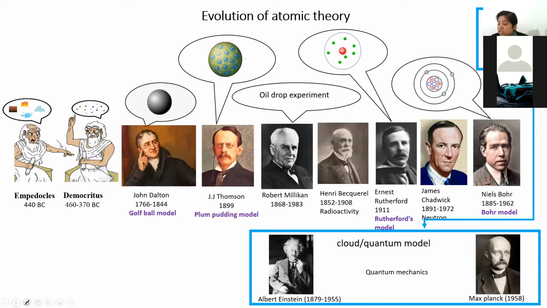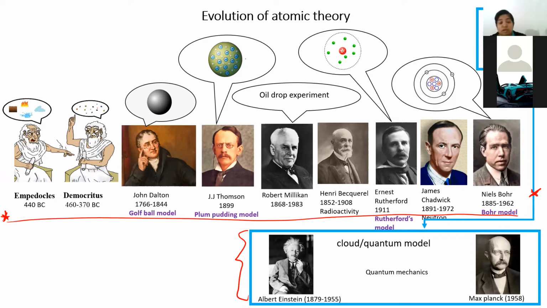In today's lesson, I expect to go all the way from this point to here, until Niels Bohr, because I don't think I can get to this part. Those names come in the second part of this chapter, under the wave properties of matter. So first, we are going to look into this part.